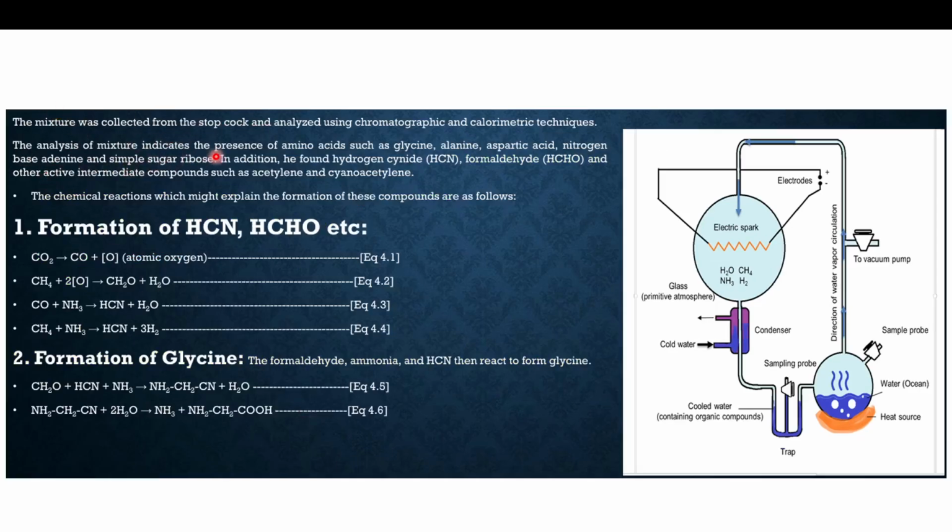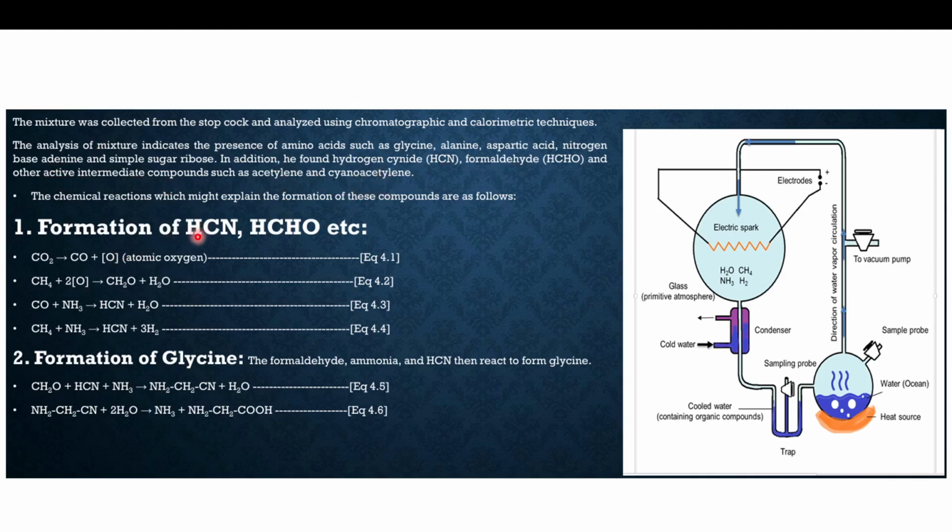The analysis indicates the presence of simple amino acids, glycine, alanine, even aspartate, and the nitrogen base adenine and the simple sugar ribose. In addition, hydrogen cyanide, formaldehyde, and other active intermediate compounds like acetylene and cyanoacetylene were found.